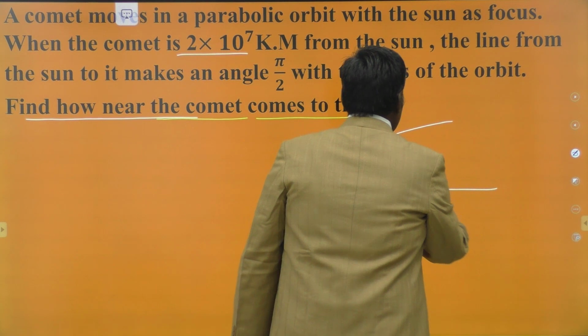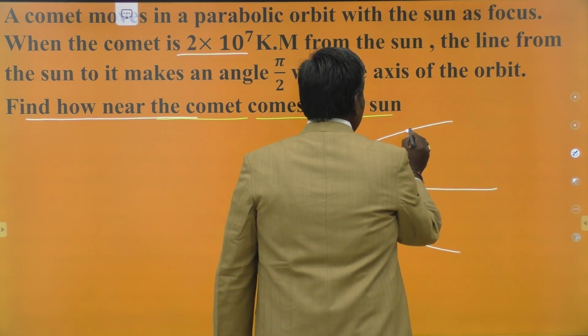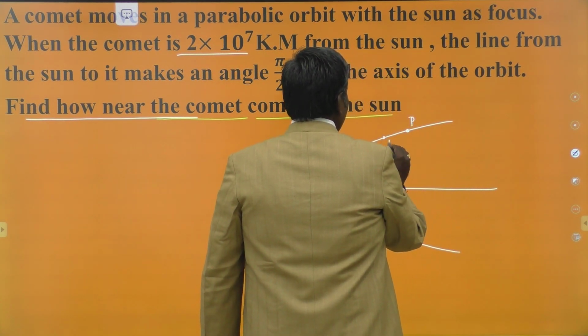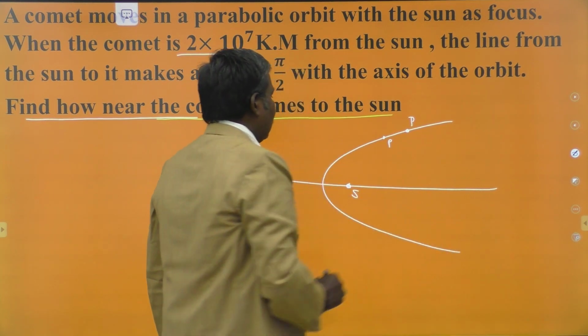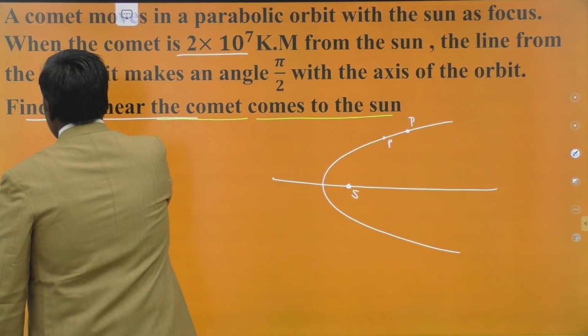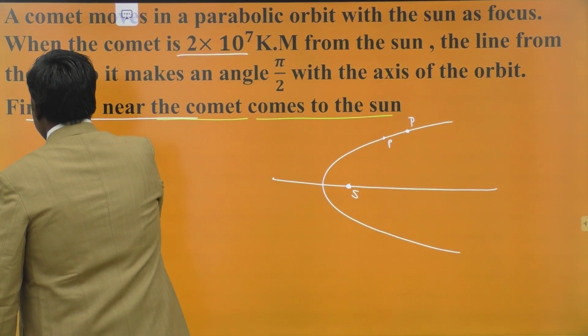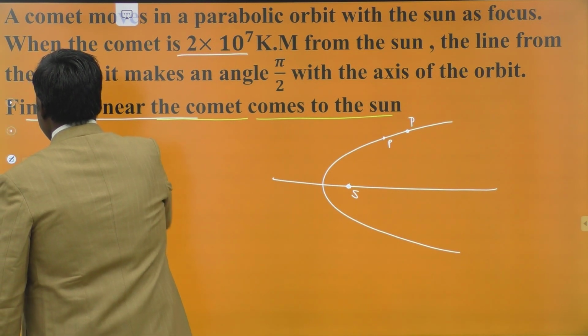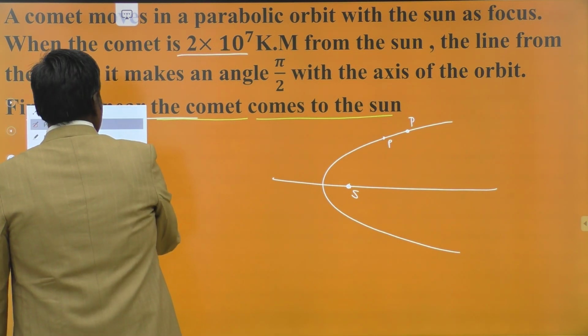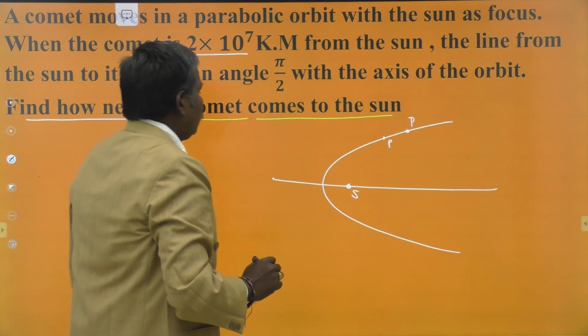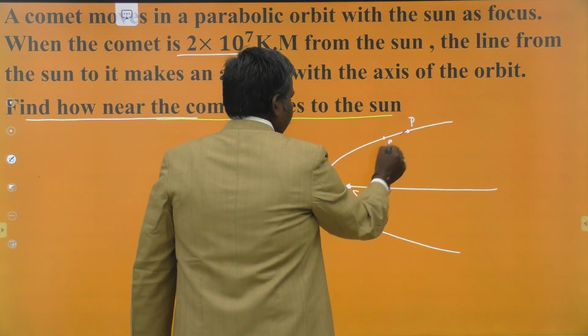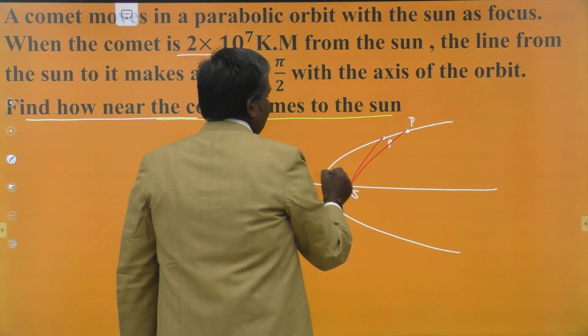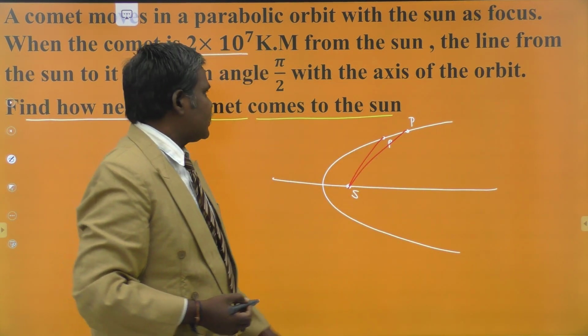Suppose your comet is here or here. It is moving on this parabola. So you join this one to here or here, you get the focal distances.